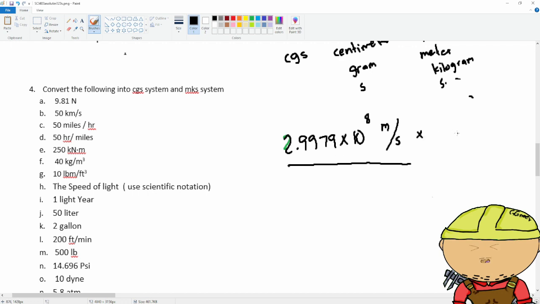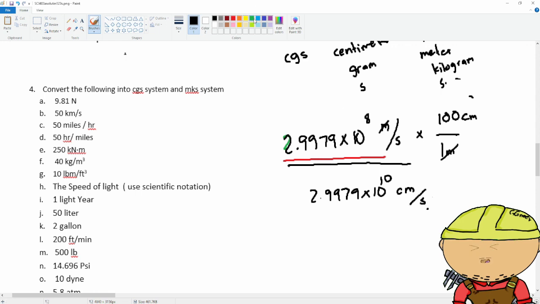If we're gonna turn that to CGS, 100 centimeter is 1 meter, so that cancels, and that's gonna be 2.9979 times 10 to the 10 centimeter per second. And that's CGS.